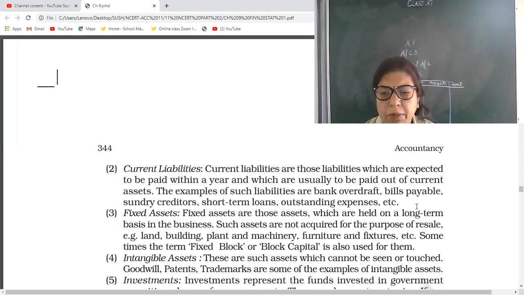Examples of current liabilities are bank overdraft, because that has to be paid within 1 year, otherwise the bank will charge interest. Bills payable, sundry creditors, both are also known as trade payables. Short-term loans, those loans whose maturity period is up to 1 year.